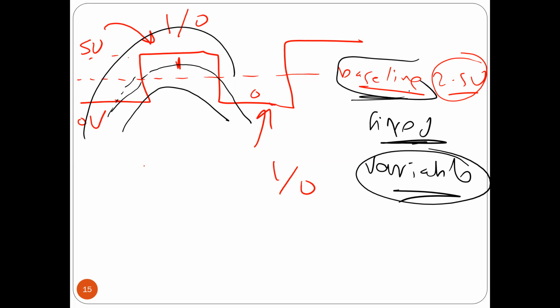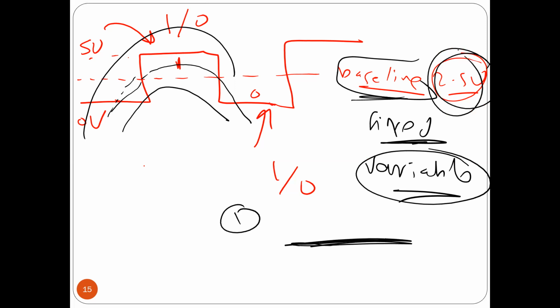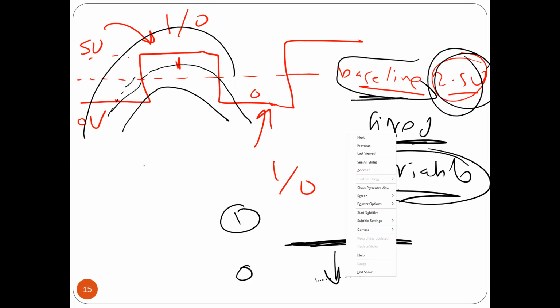Most of the time the 1 has to be higher than a certain value. It doesn't need to be 2.5, maybe something else because of the noise. And logic 0 should be below a certain value. So I'm going to make it variable: every time I receive a signal, I'm going to update the baseline.